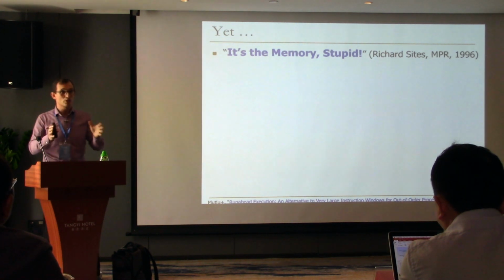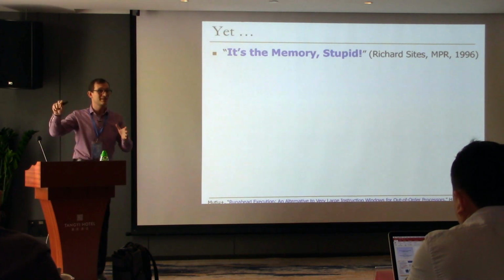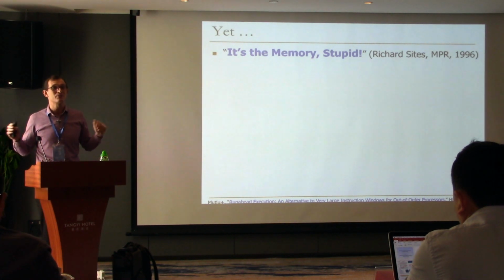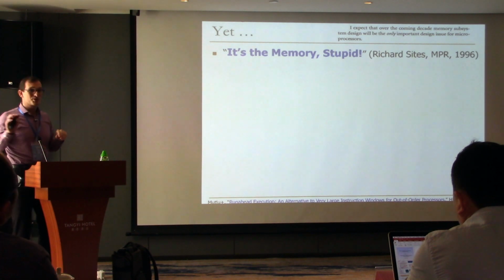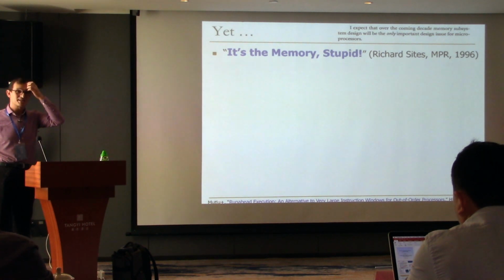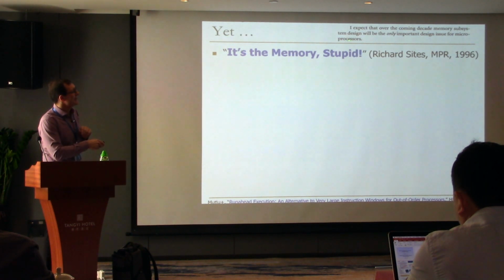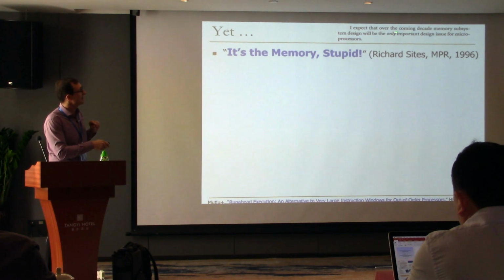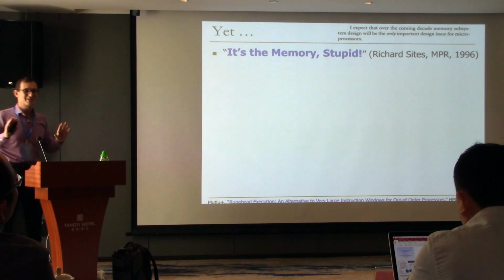But on this important workload that we really designed it for, it's finishing 1 instruction every 4.7 cycles. Essentially, it's operating at 1/18th of its peak bandwidth. Why? It's waiting for data. This is a person who dedicated his life to designing fast processors. He ends the article with this sentence, directly copied from the article: I expect that over the coming decade, memory subsystem design will be the only important design issue for microprocessors. I think that's a very good ending.